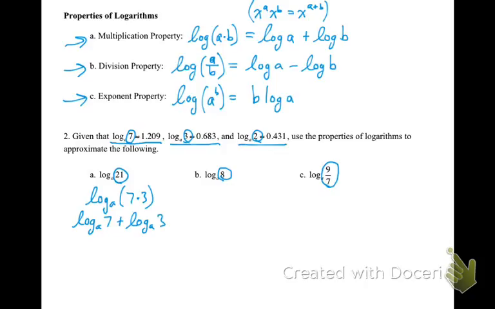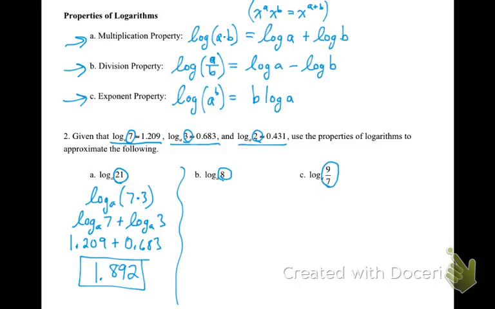Notice it doesn't matter what log base a is or what the value of a is in the base. We know log base a of 7 is 1.209. That's our given. And we know log base a of 3 is 0.683. And when you add those together, we get 1.892. That's the approximate value of log base a of 21.